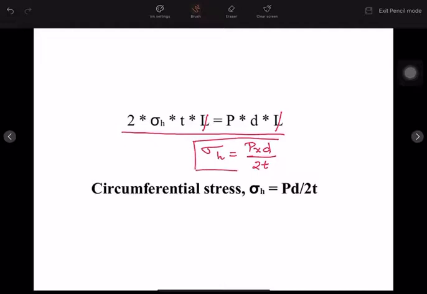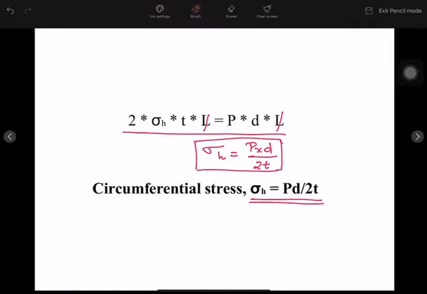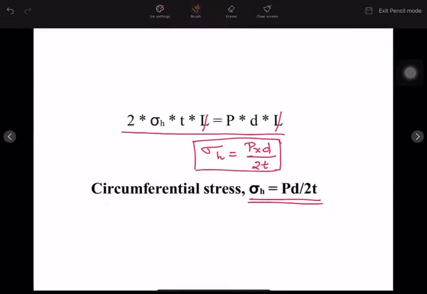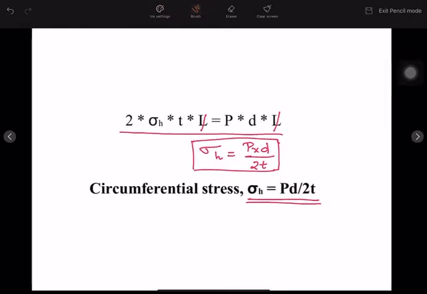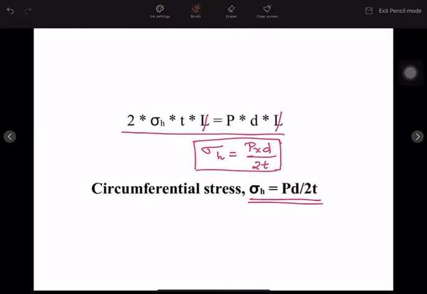So this is our equation for calculation of circumferential stress. Sigma h equals P into d by 2t. This is the first major equation for analyzing a thin cylinder in your syllabus.